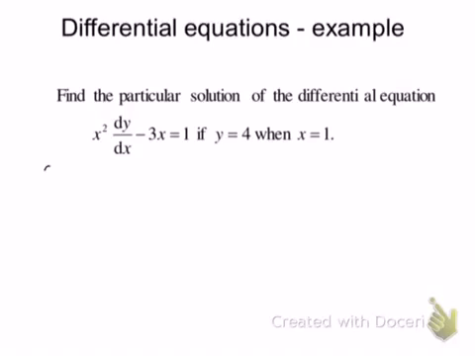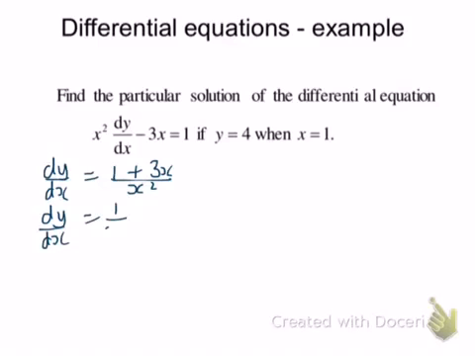So rearranging, I will have dy by dx equal to 1 plus 3x over x squared. And if I separate this fraction on the right, I will have dy by dx equal to 1 over x squared plus 3 over x.